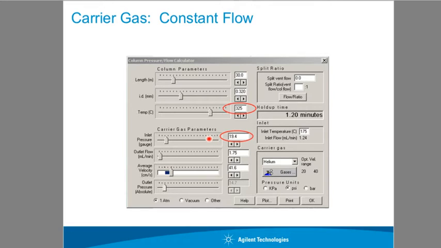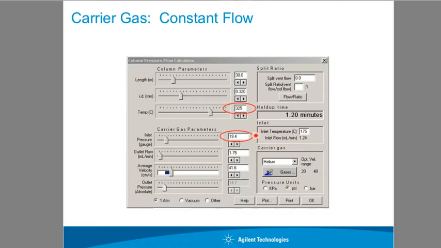Another thing to consider, and this happens probably more frequently than not, is that because people don't necessarily know about constant flow or constant pressure, or what actually happens when they're developing their method, they don't set the regulator for their carrier gas high enough.